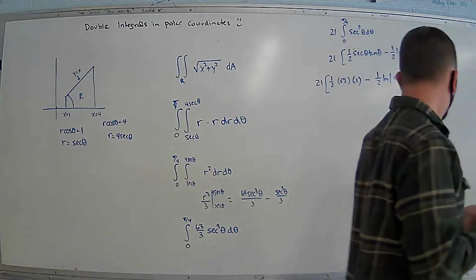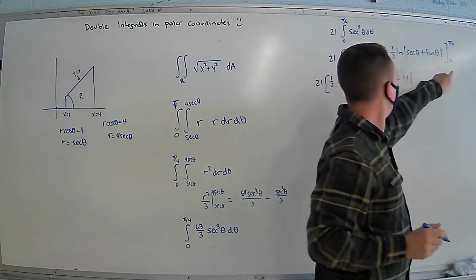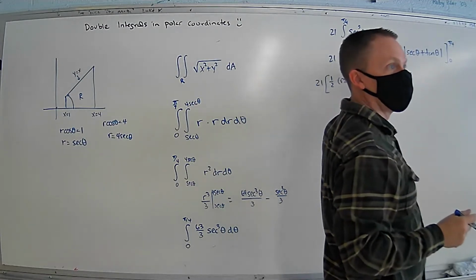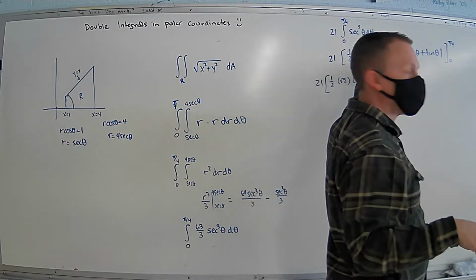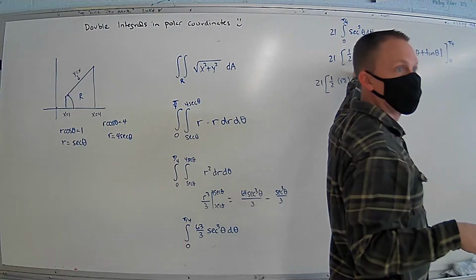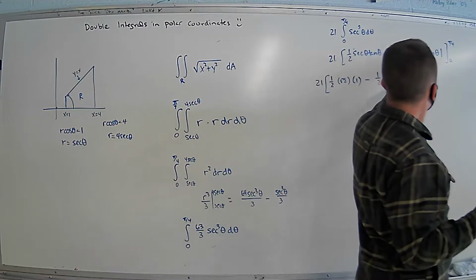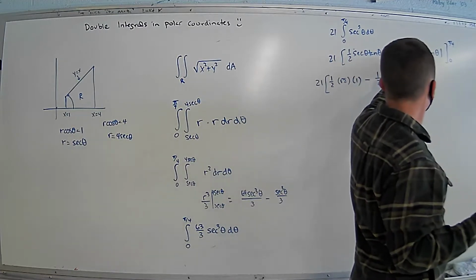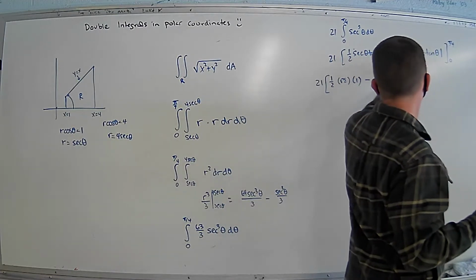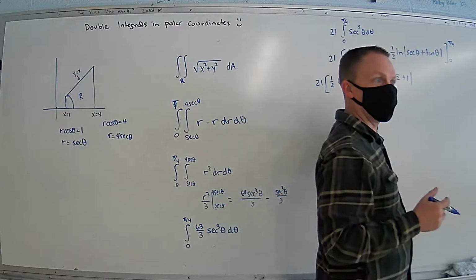Now let's do the bottom limit. When I plug 0 into this, tangent of 0 is 0, and secant of 0 is 1. So that's 0. Natural log of 1 is 0. So the whole bottom bound disappears.